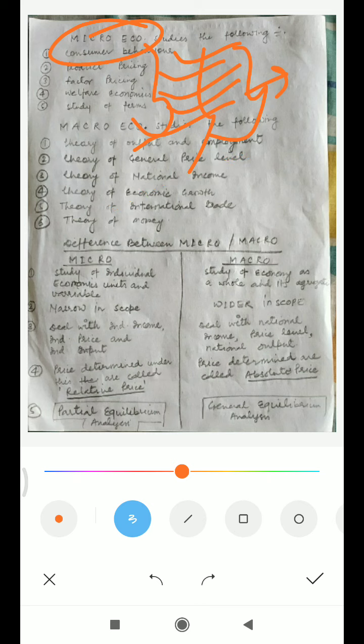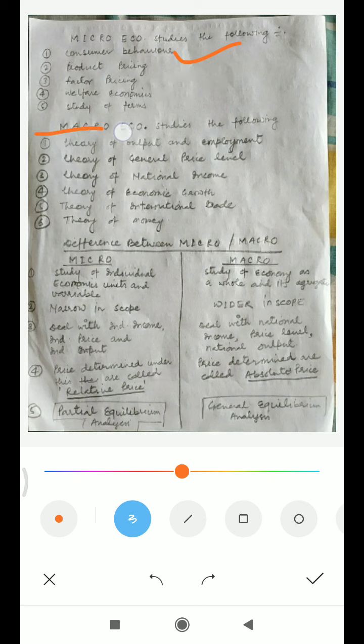And when we talk about macroeconomics, it studies the following: the theory of output and unemployment, the theory of general price level, national income, the theory of economic growth, the theory of international trade, and the theory of money.